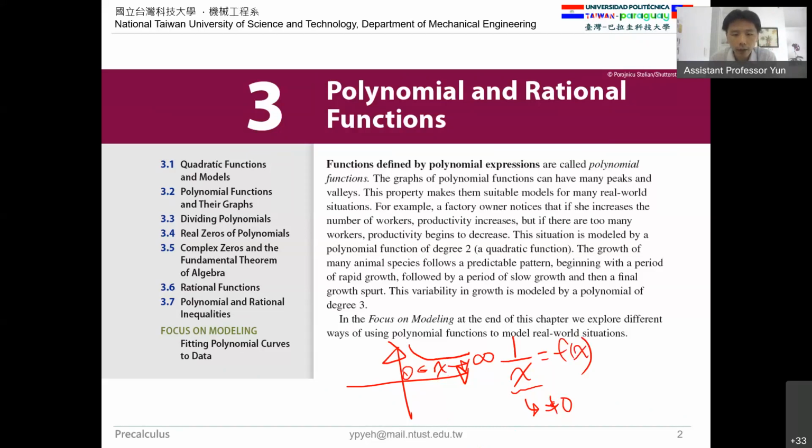So if x is approaching infinity, you can imagine that it shows 1 divided by infinity, which means the denominator is very large. So 1 divided by a very large number in the denominator, then you will see that this function approaches zero, right?